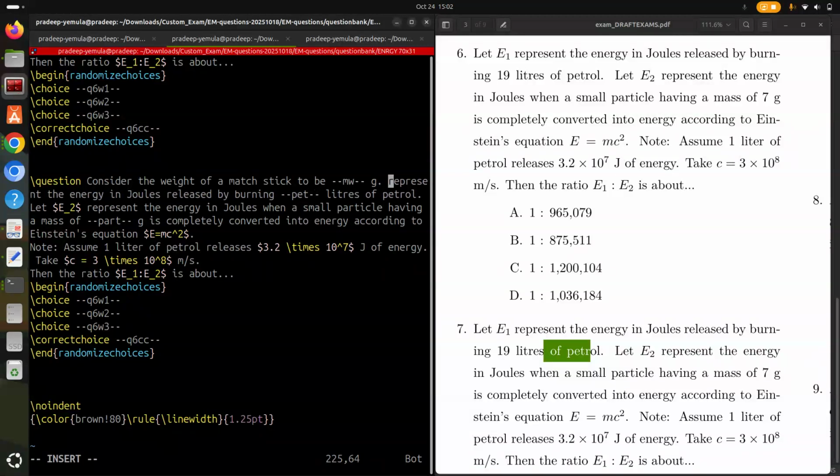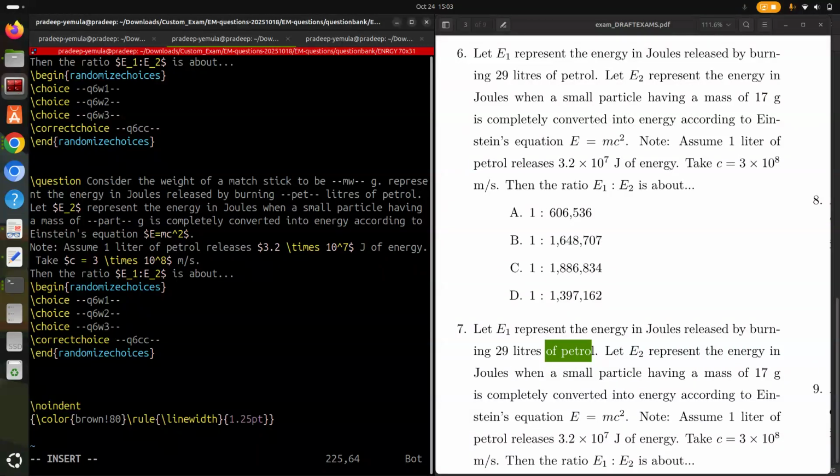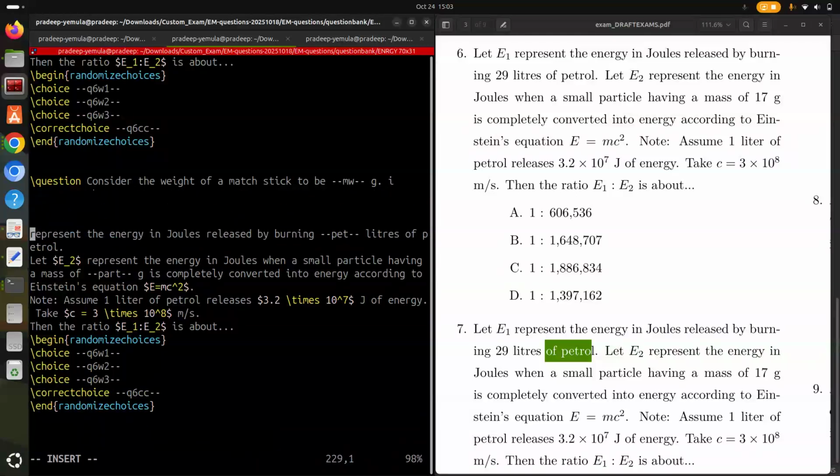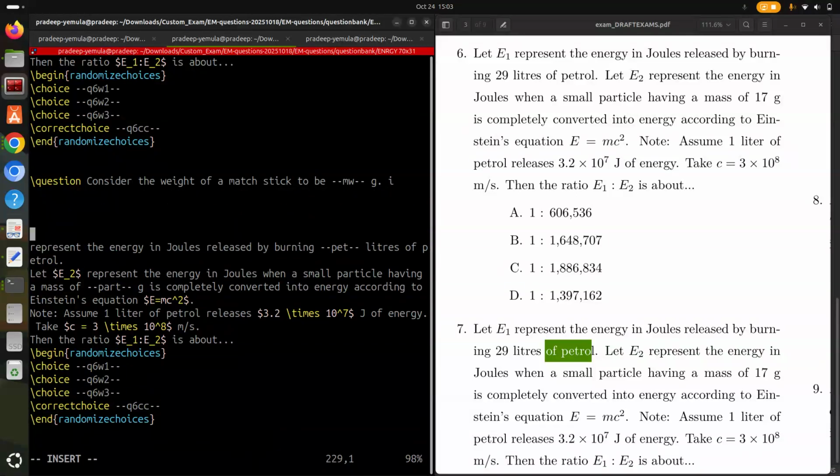We just saw one matchstick was 0.1 gram, so we will try to give some value near to that. Then, completely converted according to Einstein, this part I will take.